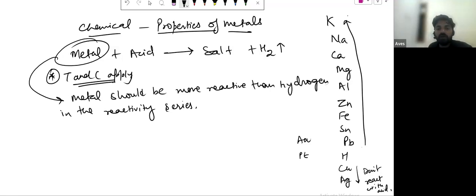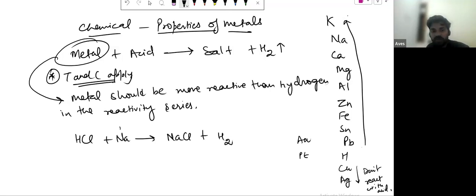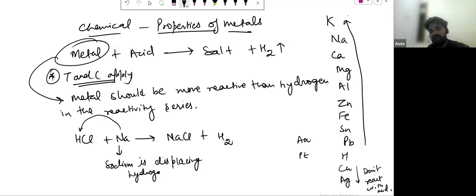Why is it so? Because when acid, let's suppose I'm writing here HCl, reacts with Na, it forms NaCl plus hydrogen gas. What is happening here is that sodium is displacing hydrogen from acid.